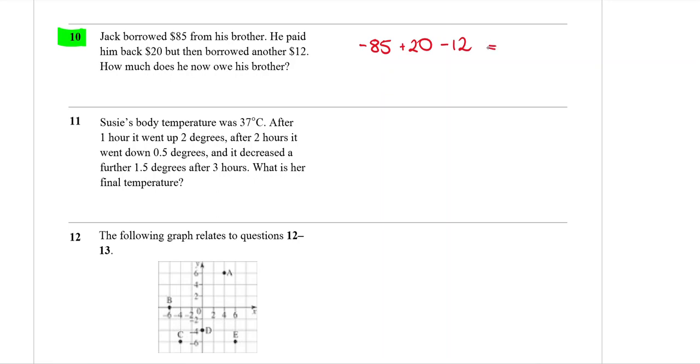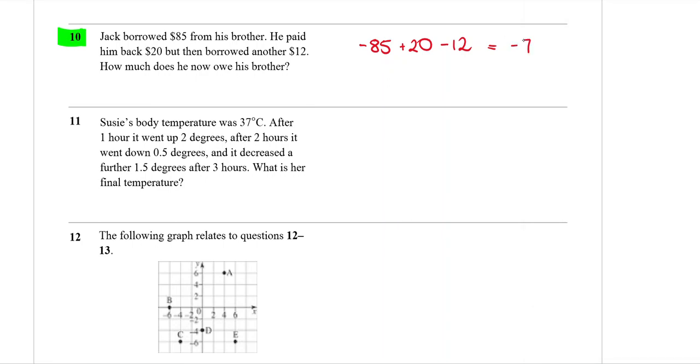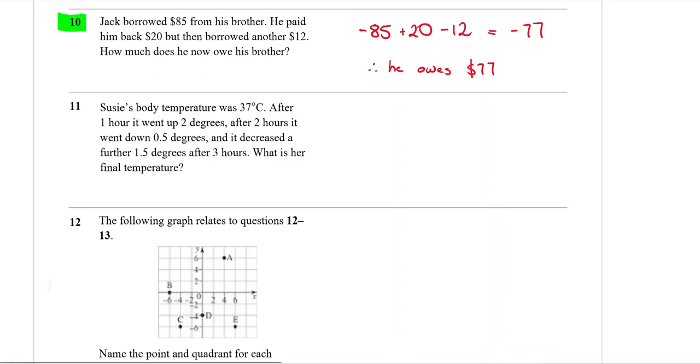Okay, now you could do that in your head, or because we have calculators, you are allowed to put these in your calculator. So -85 plus 20 minus 12 is -77. The negative indicates that he still owes it. Okay, so he owes $77. Okay, so look out for wordy questions.